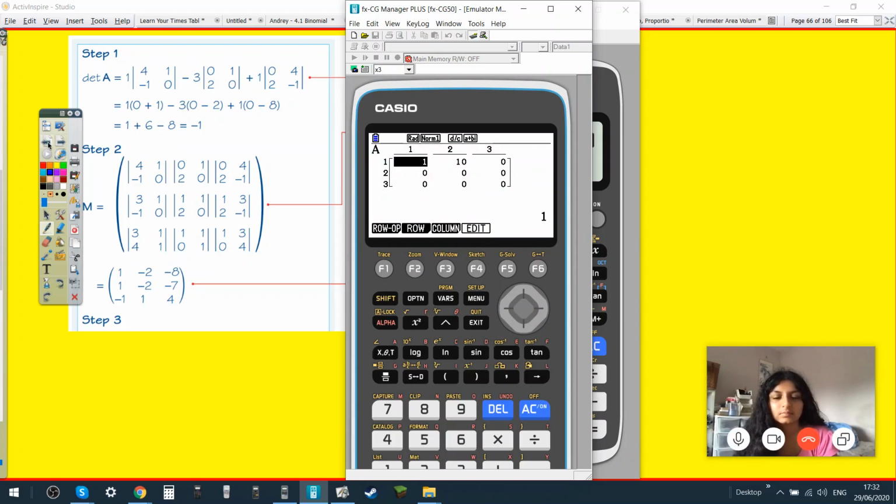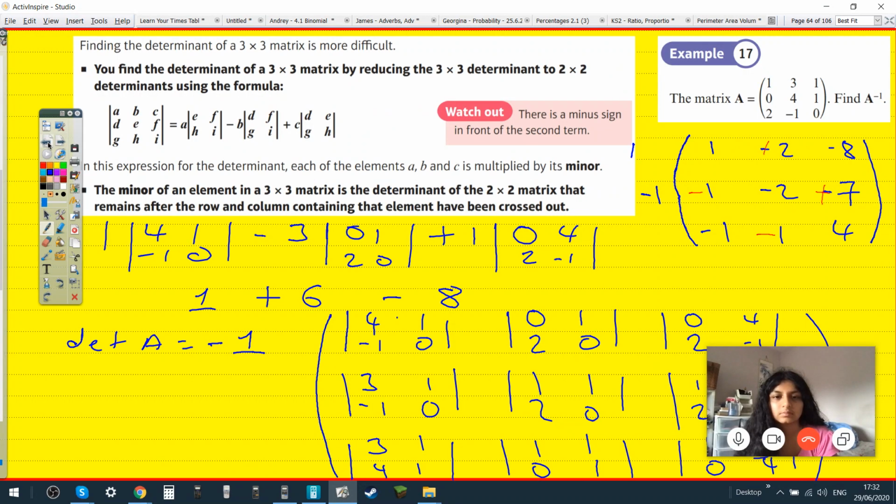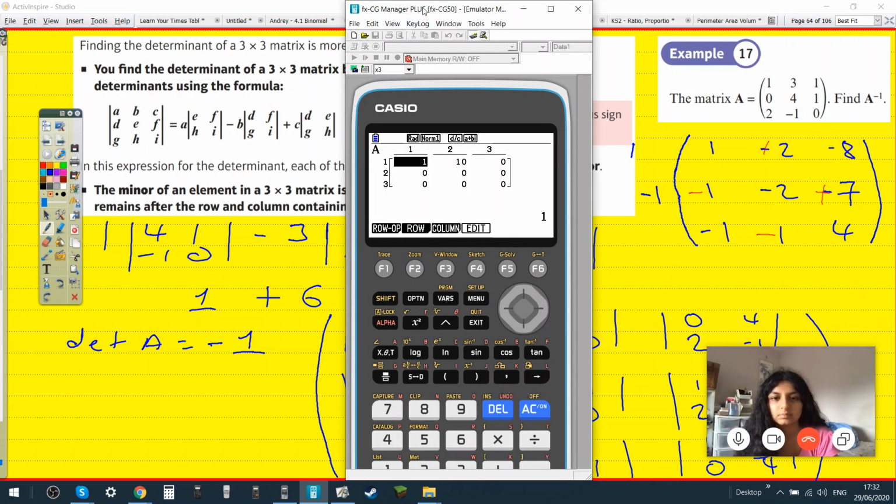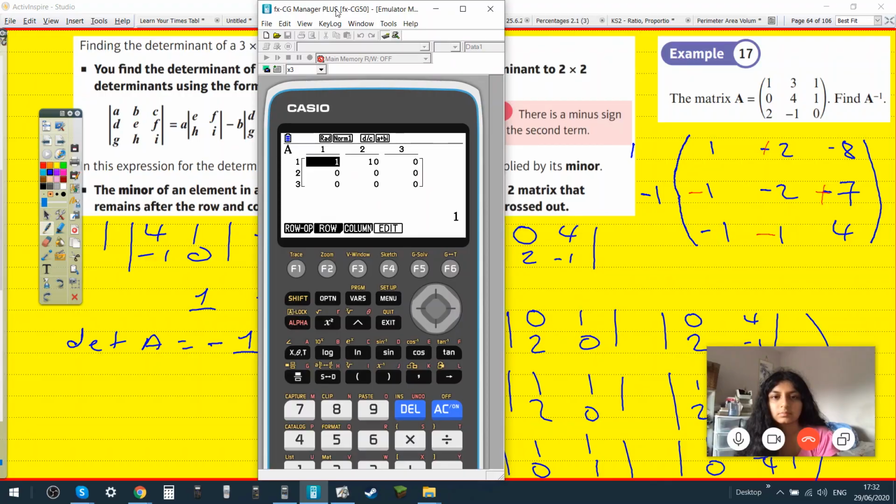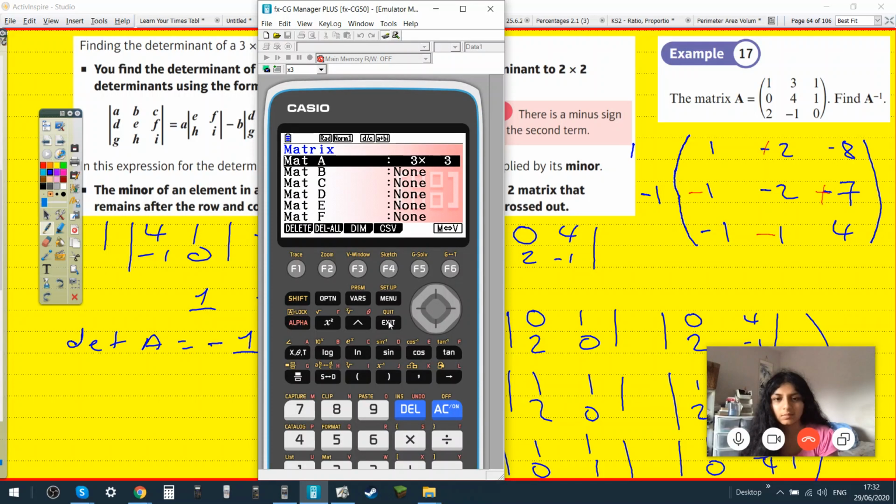Okay. Let's go back. 1, 3, 1, 0, 4, 1, 2, -1, 0. And then just exit. Option calc. No, you have to press exit and then yeah. Maybe press the equals button at the bottom.